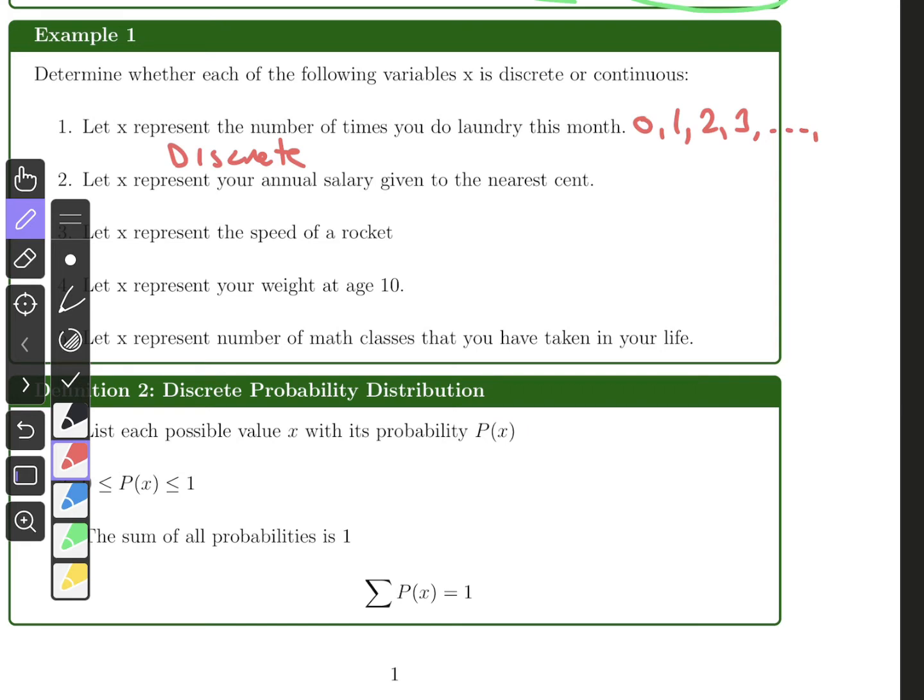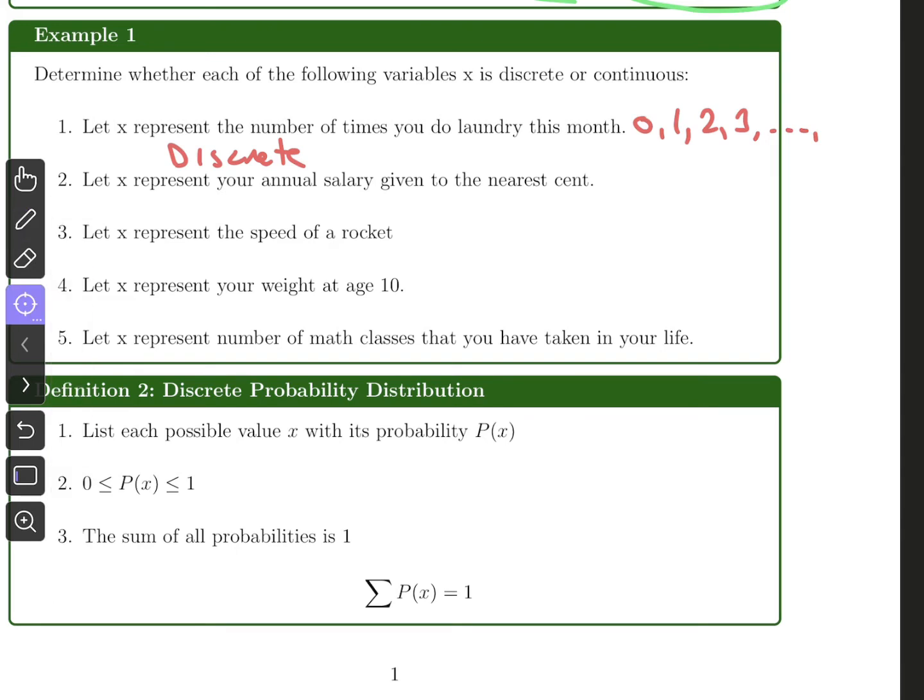But that's still countable, right? And we're going to assume that when you start a load of laundry, you can't do half. You can't do 3/4 of a laundry. I'm not talking about 3/4 of a load or something like that. I mean, you start it, and then you only do 3/4 of the time, and then you just stop. We don't do that, right? You start it, and you end it. So I'm going to go with discrete on that one.